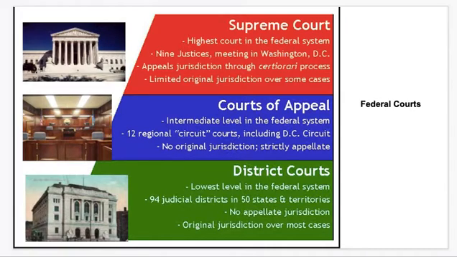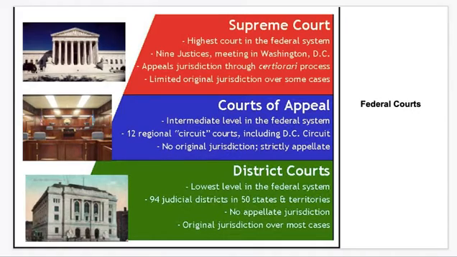So if someone loses a case in a district court and they think that the law was applied improperly, or perhaps some piece of evidence was mishandled, or maybe their lawyer was incompetent, or some big issue with the case, then they can appeal in a court of appeal.